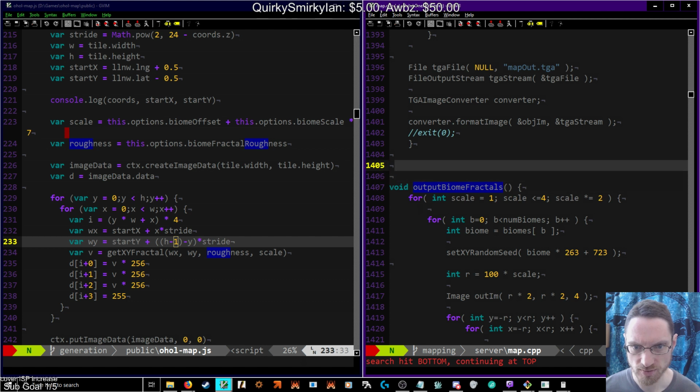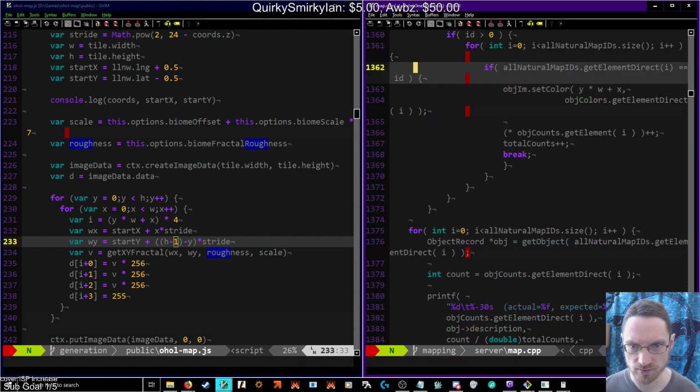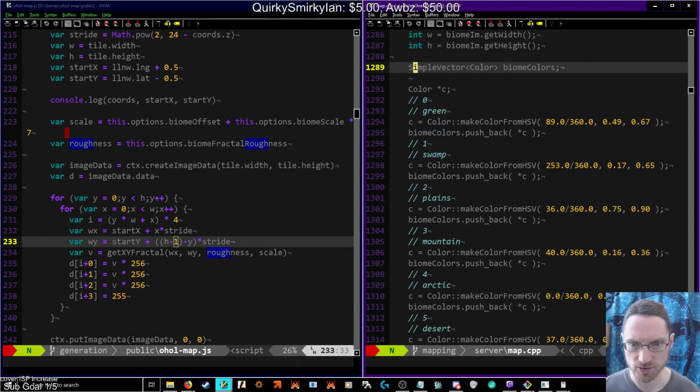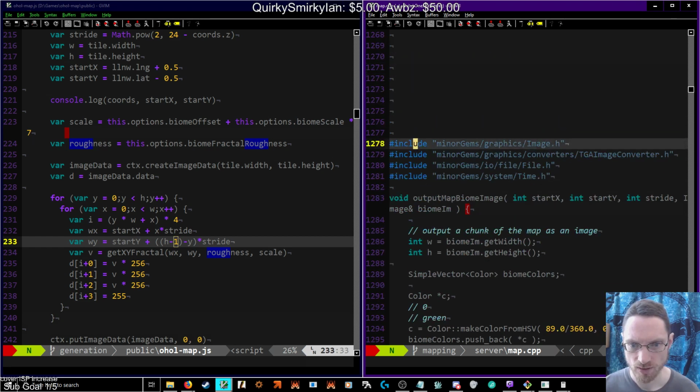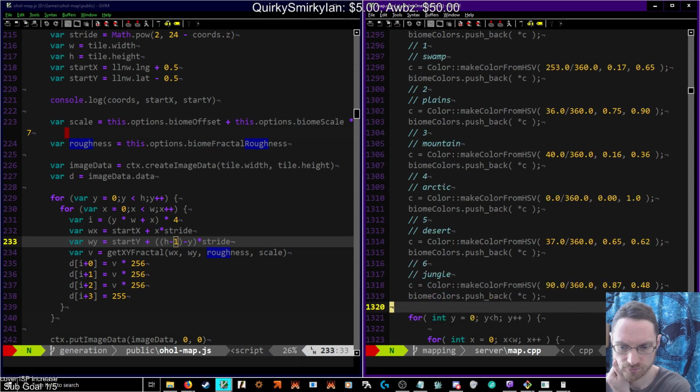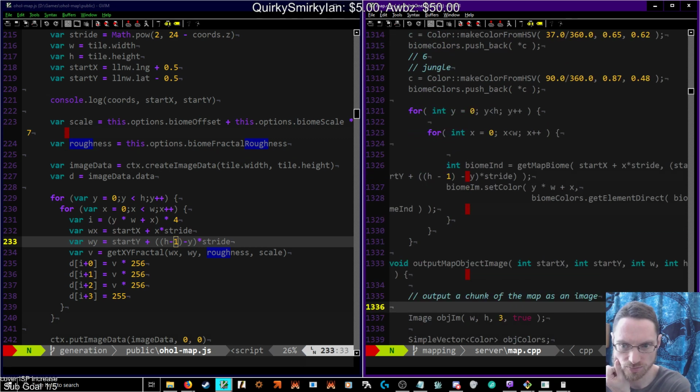This is one of the things I might need to test with at some point. Output map object image. Output map biome image. So I'm going to get the colors at some point.